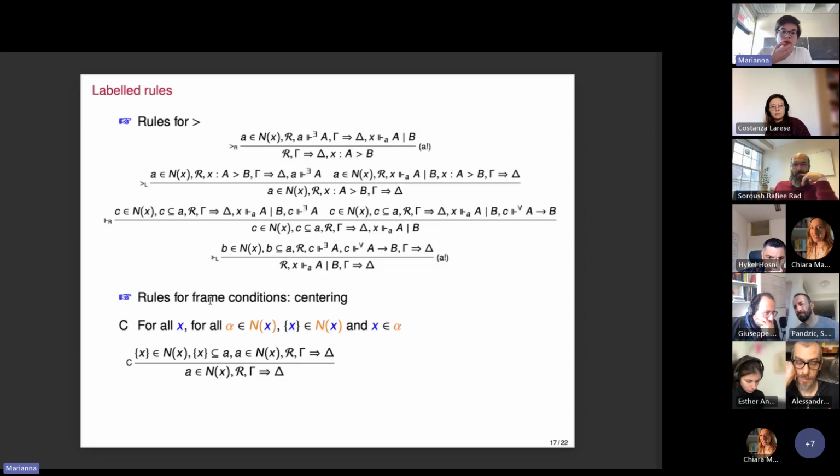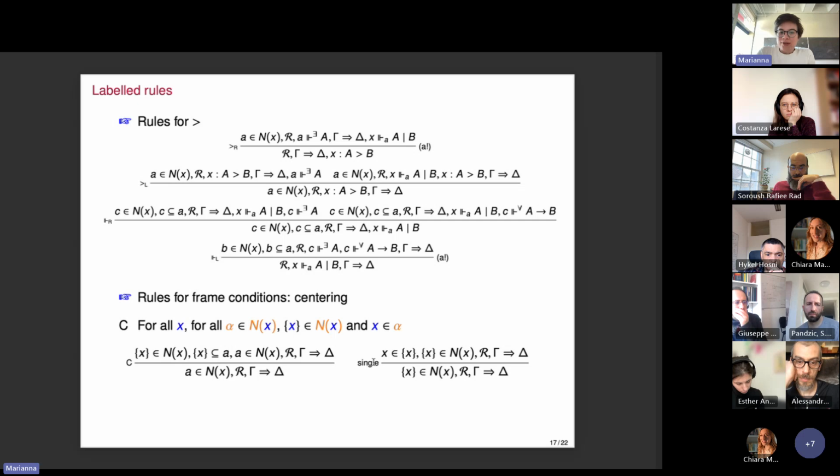For instance, if you want to have centering in your labeled proof system, you will add a rule saying that if A is a neighborhood in N of x, then the singleton of x should also belong to N of x and should be the smallest.